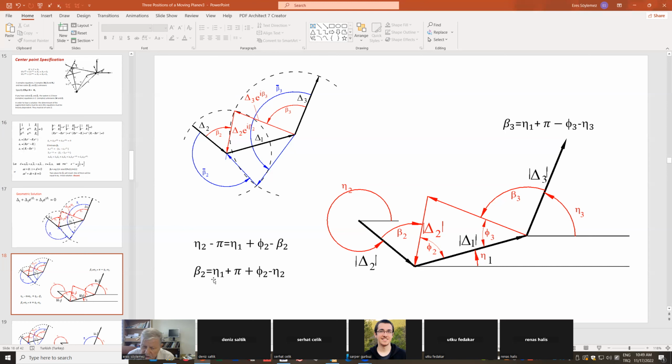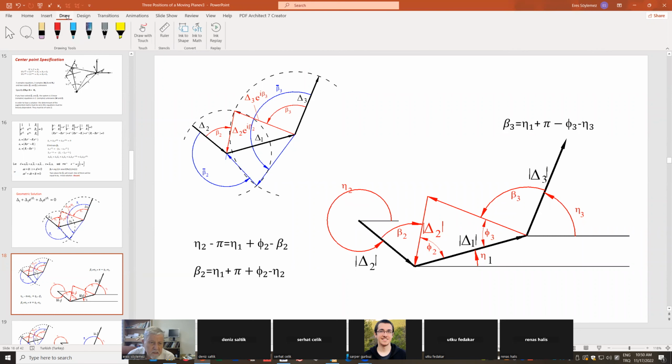From which beta 2 is equal to eta 1 plus pi plus phi 2 minus eta 2. I can determine beta 2. Apply the cosine theorem over here and determine the angles for each of these vectors. Beta 3, similarly, is equal to eta 1 plus pi minus phi 3 minus eta 3. Okay.